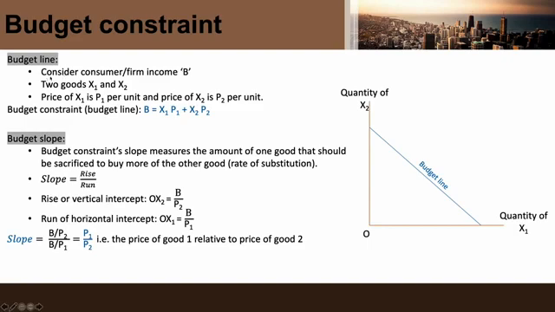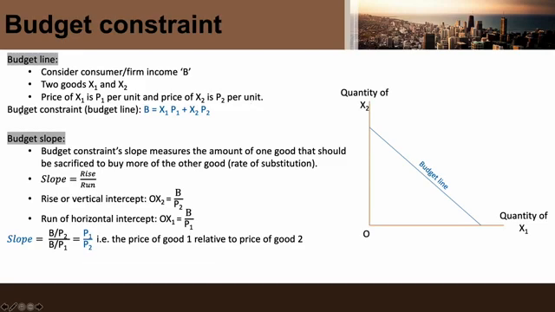First we will make an assumption that a consumer, a person like you and me, has a fixed income, say dollar B. And there are two goods that the consumer can buy, good X1 and good X2. Also, let's assume that the price for X1 is P1 per unit and the price for X2 is P2 per unit.